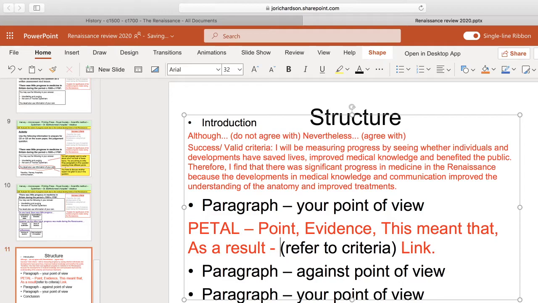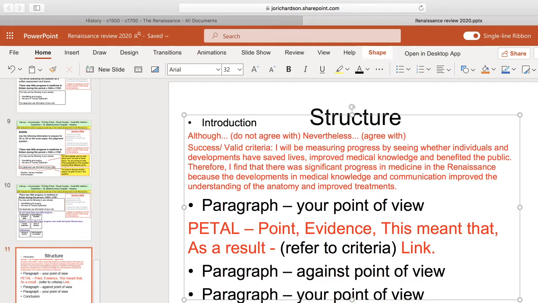Because you could say something like, there was progress in the Renaissance period because of increased communication that allowed knowledge to spread. For example, Royal Society, printing press, Vesalius's Fabric of the Human Body.